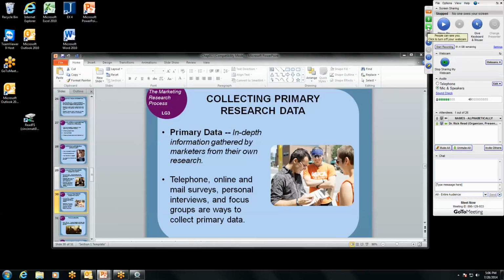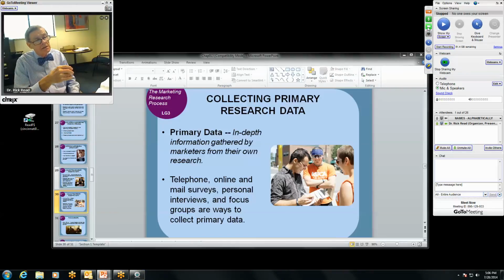Primary data, on the other hand, is something that the researchers have uncovered, if you will. Discovered might be an even better way to say that. That has not been there before. And the marketers themselves have gotten this information. They've not gone to a library.